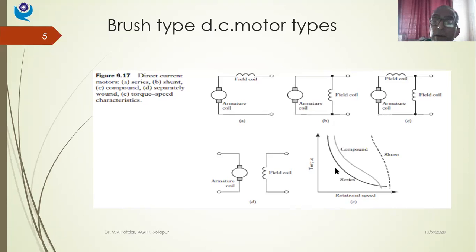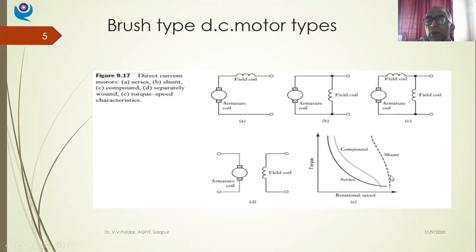Whereas in series wound and compound wound, as you can see, the speed torque curve has a hyperbolic decrement. I have a broad band of speeds over which the torque gradually decreases.